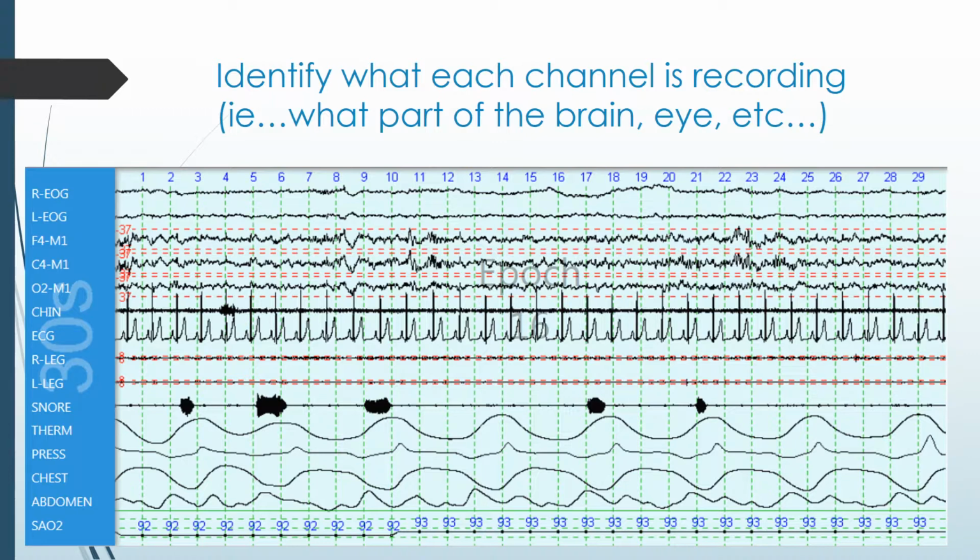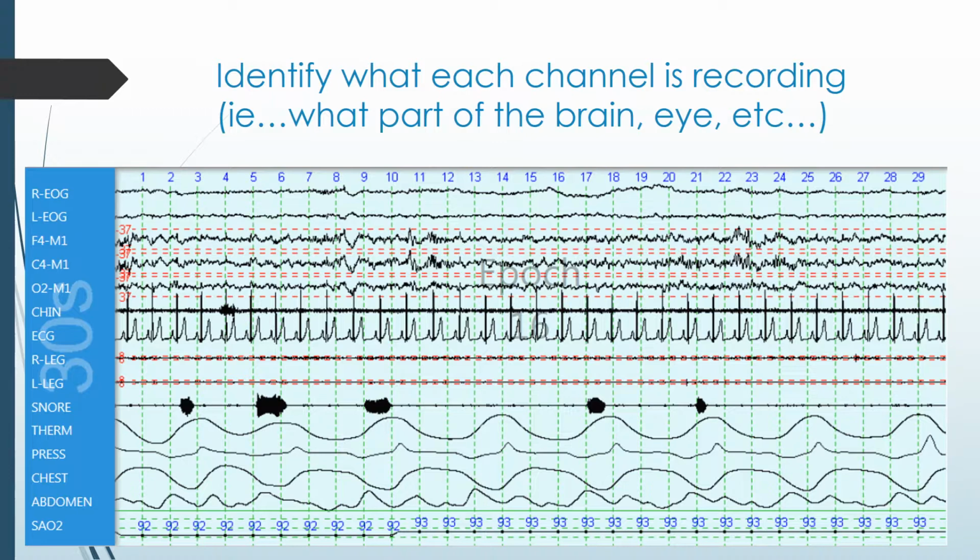You should be able to look at this with the montage sitting there in front of you, and you should know what channel that is. Or if you see R-EOG, you should know that's the right eye recording. Or if you see O2 to M1, you should know, oh, that's recording the information on the right side in the occipital lobe.